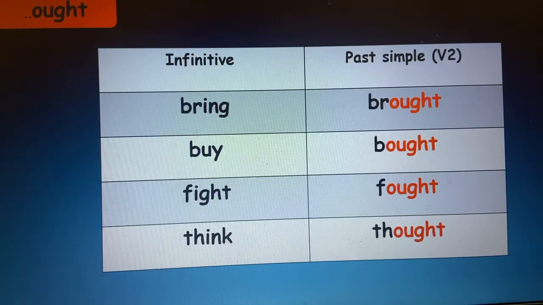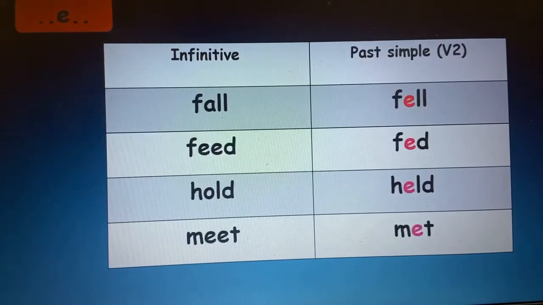And let's move to the next one. We have the letter E. We replaced some letters with the letter E. Let's read the first one. Fall, fell. Feed, fed. Hold, held. Meet, met.